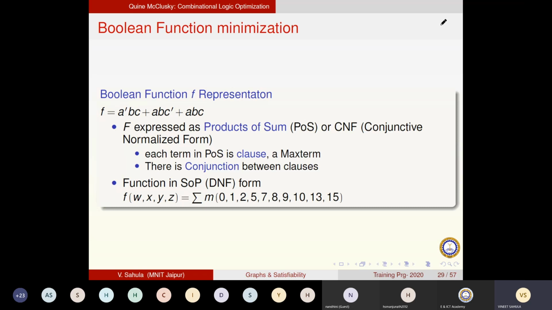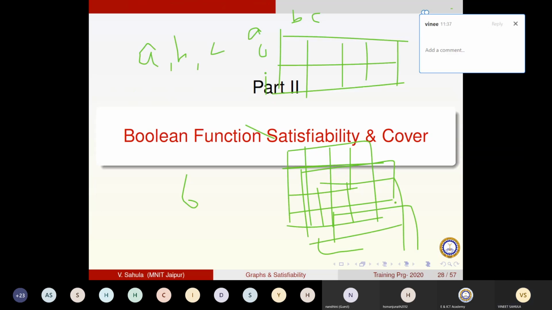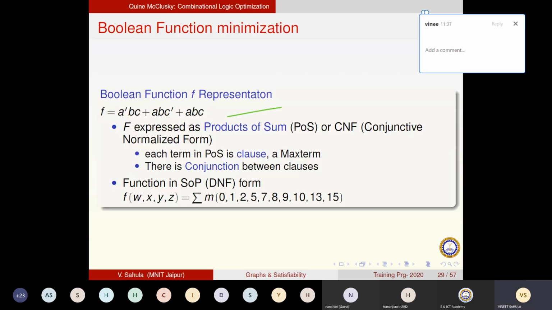How do you represent a Boolean function? I am writing a Boolean function here. This Boolean function has 3 terms. If this is a 3-input function, and each term here contains all variables, then it is called a minterm. If one term contains all variables, then it is possibly a minterm.